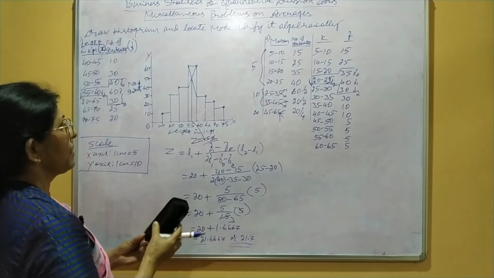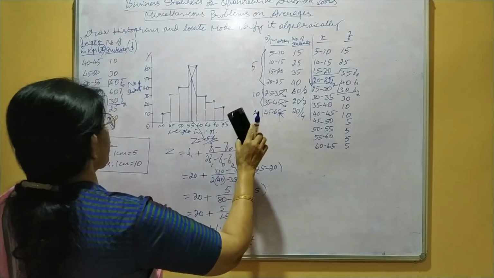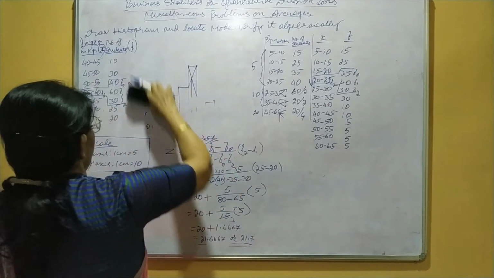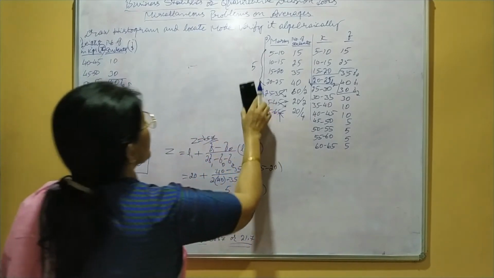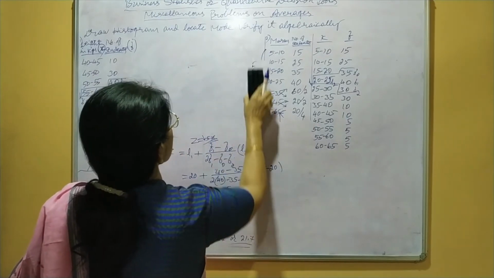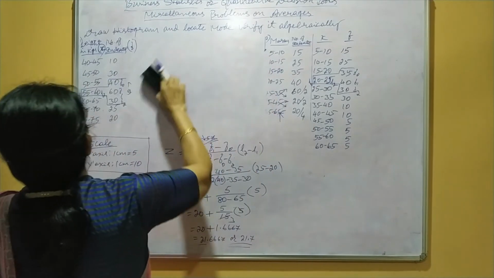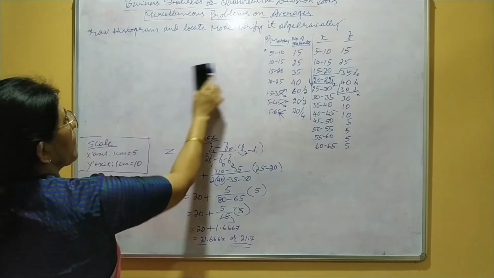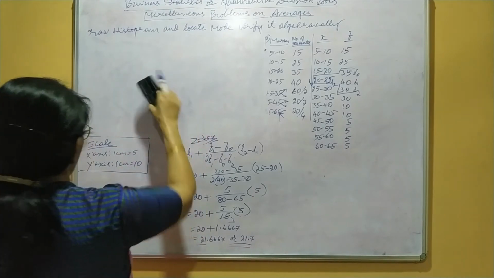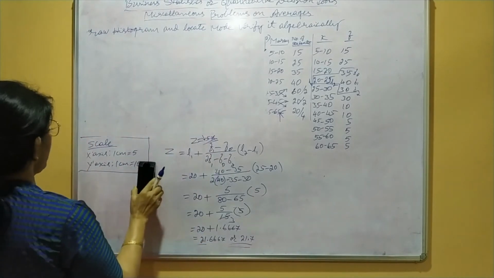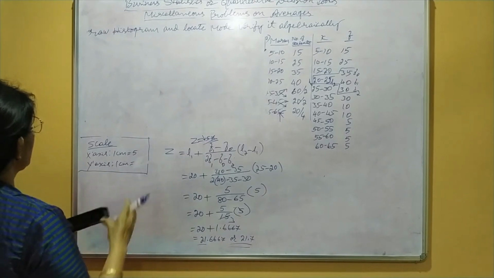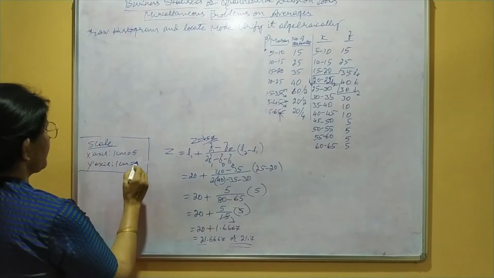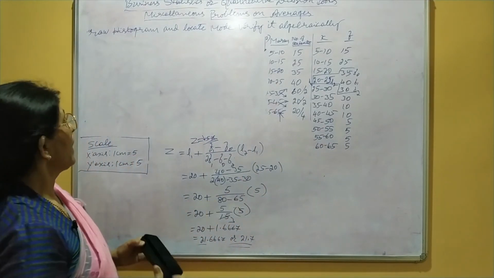Okay, now draw the graph. Scale: on the x-axis 1 centimeter equals 5, and on the y-axis also we have taken 1 centimeter equals 5.